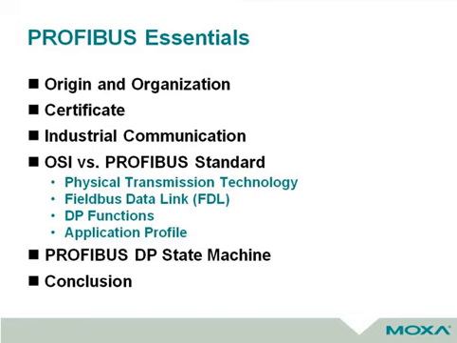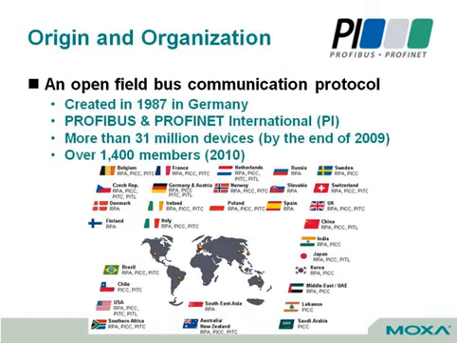The process field bus, or we call PROFIBUS, is a standard protocol for field bus communication in automation technology. PROFIBUS was created in 1987 in Germany. Siemens was the initial promoter.